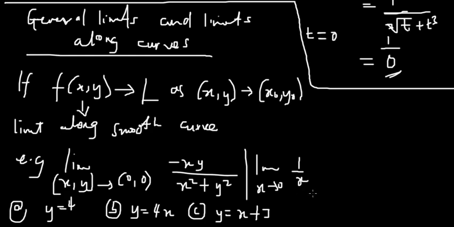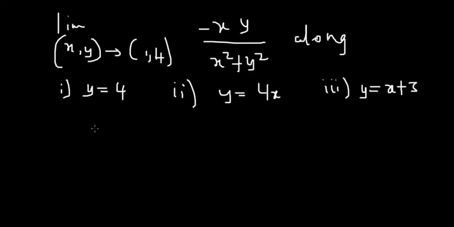Now let's proceed from here. Let's take a look at this example. You are still under general limits and limits along the curves. Once you are given an example of this format, initially we weren't given x, y approaching maybe 1 and 4 or anything of this format.